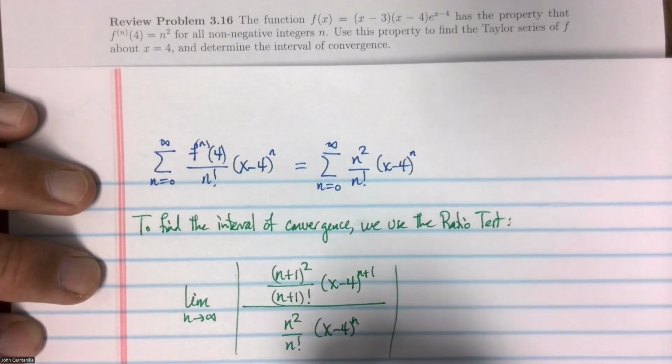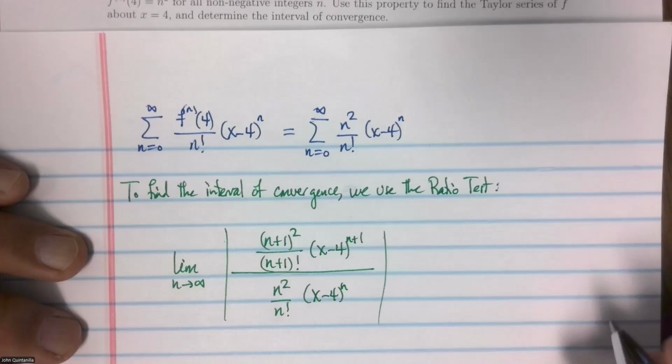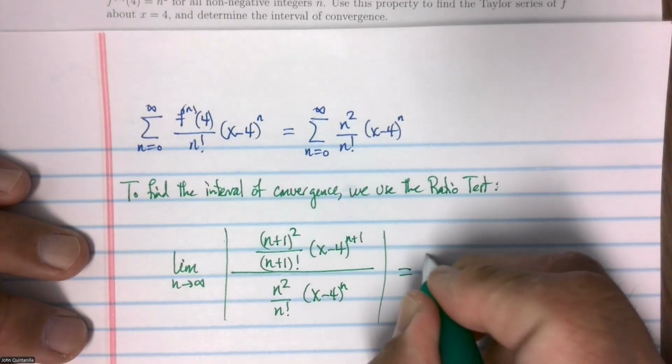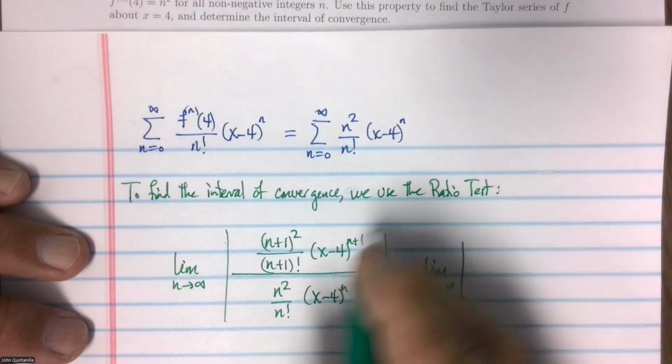And I want the absolute value of the whole thing. So I want to find this limit, and then I want to figure out where this limit is less than 1.